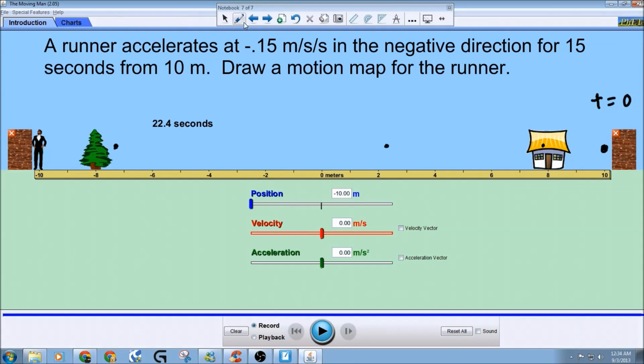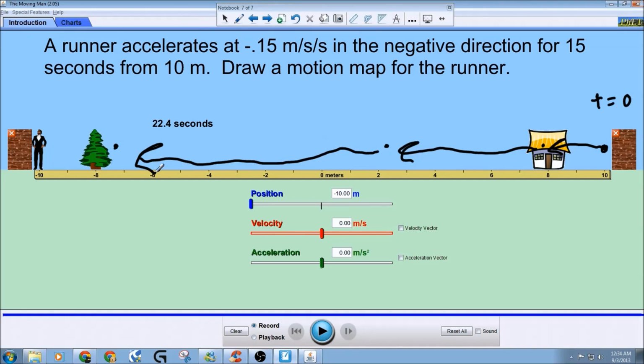Now, I started here. My first arrow looks like this. Then I had that. Then I had one more. Great.